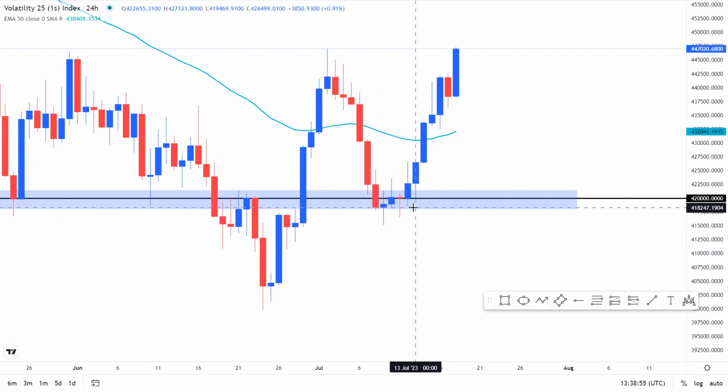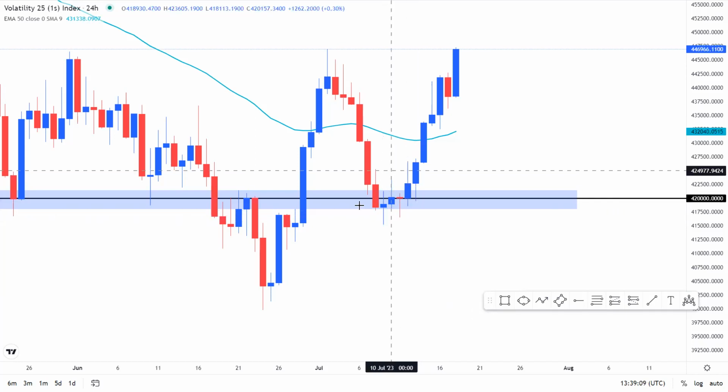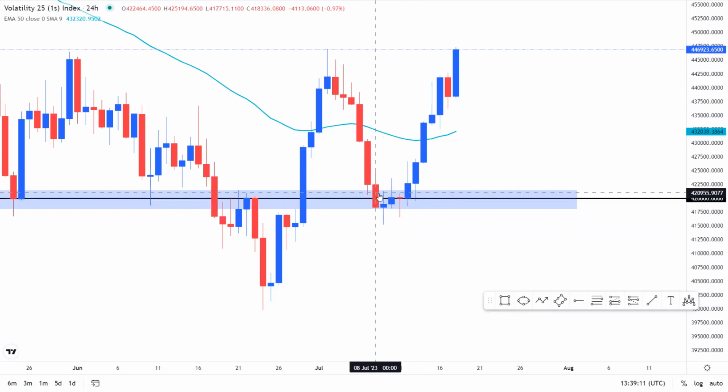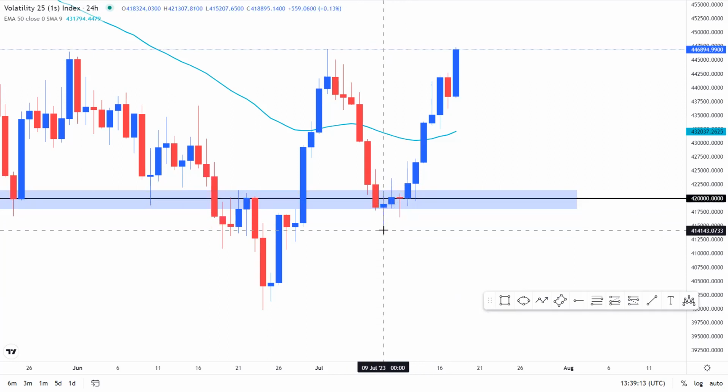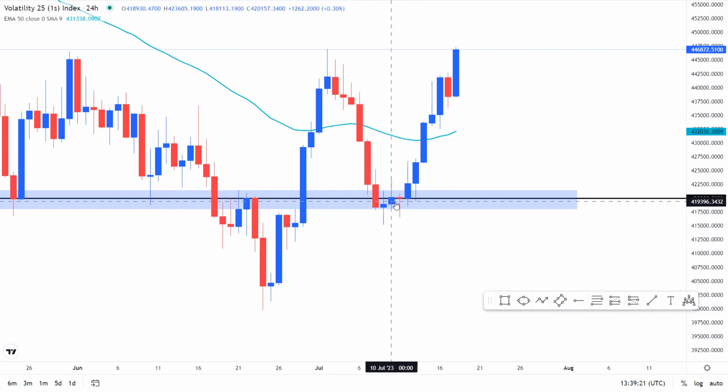Now, if you have been following my previous videos, you know very well the rejection candlestick is one of my preferred reversal candlestick patterns. Indeed, this tells us that sellers were trying to move the market, and then buyers stepped in, pushing price back to the upside.